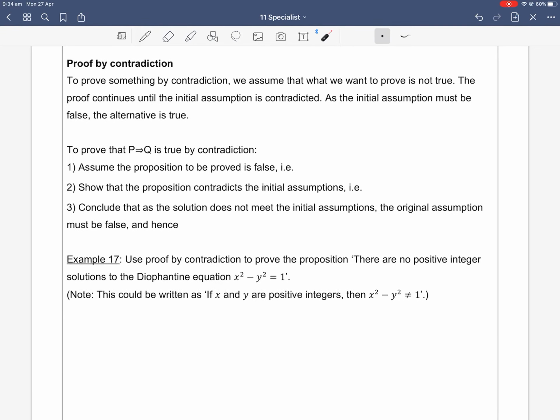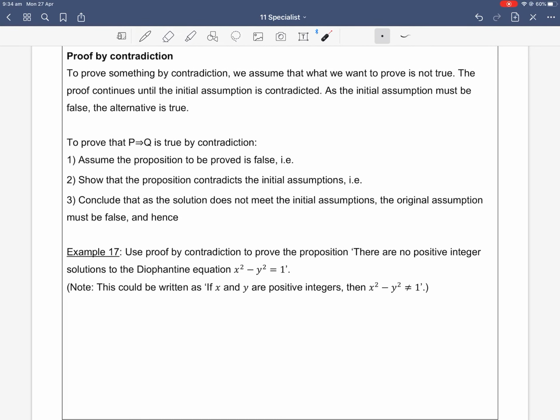So essentially, the steps involved to prove by contradiction in math are the following. We're trying to prove that an if-then statement is true. Step 1: assume the proposition to be proved is false. So we suppose that P implies Q is not true.